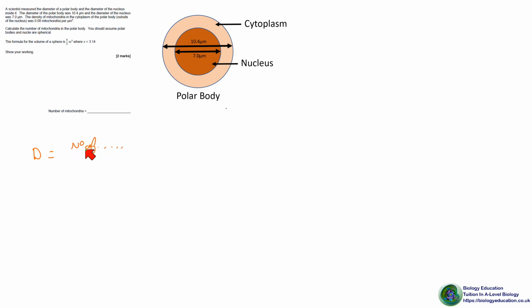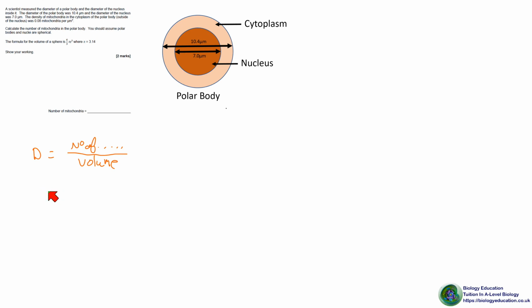In this question it's the number of mitochondria, divided by the volume. This is why we need to calculate volume in this question to get the actual number of mitochondria. So the first thing is to calculate this volume.